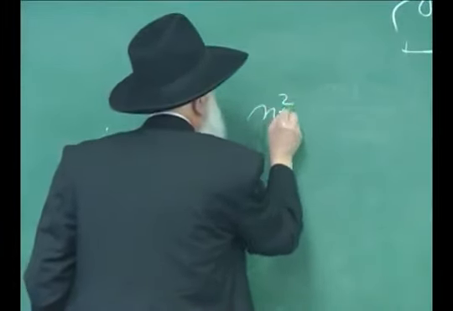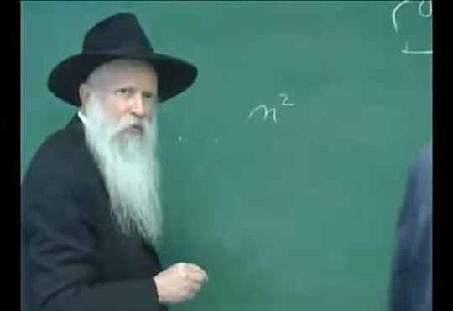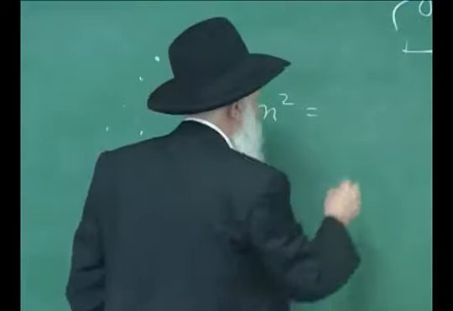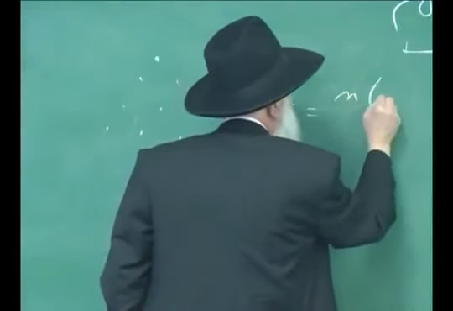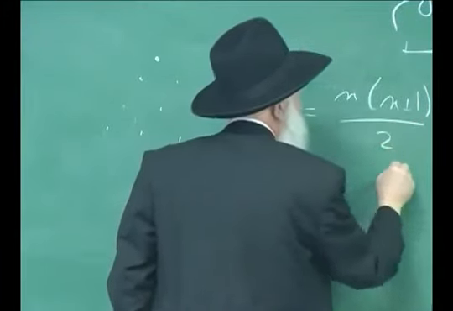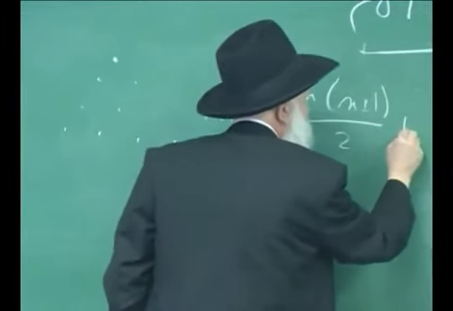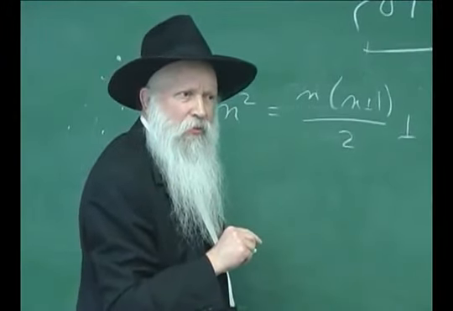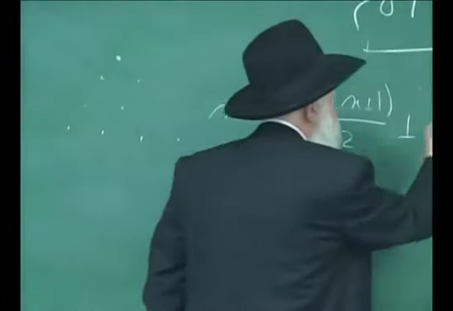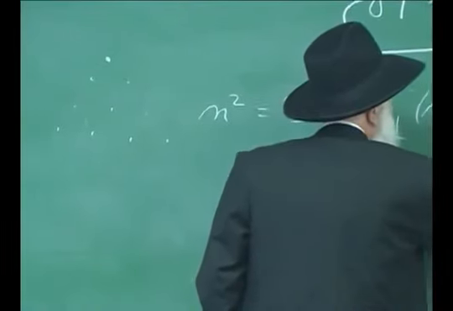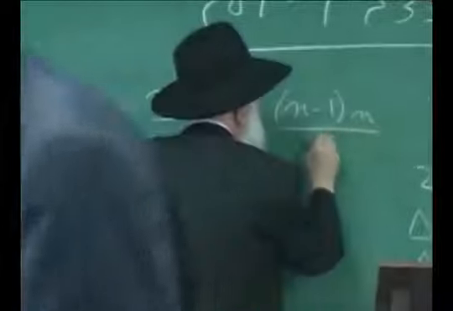What we said now is that n squared equals the triangle of n, which is n times n plus 1 over 2, plus the triangle of n minus 1, which is n minus 1 times n over 2.